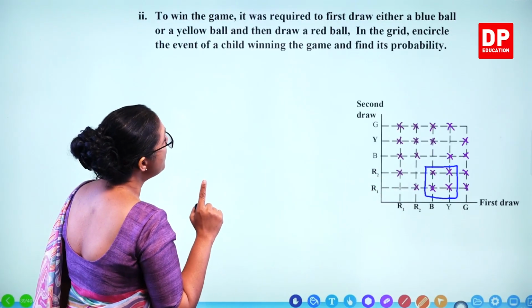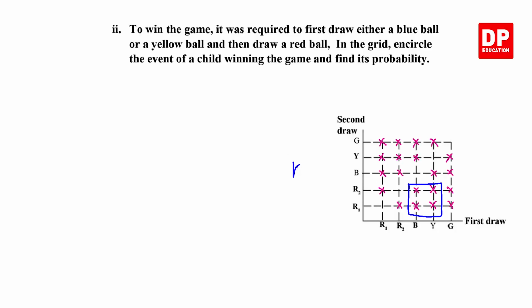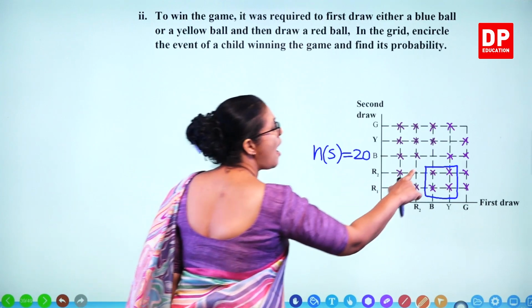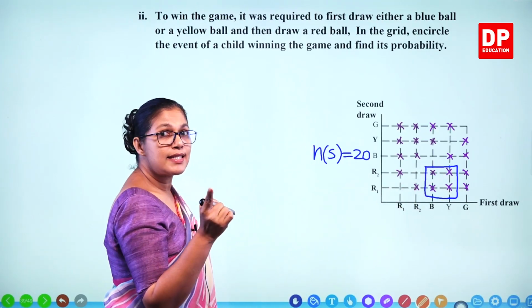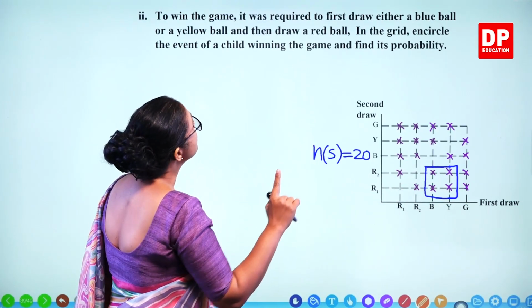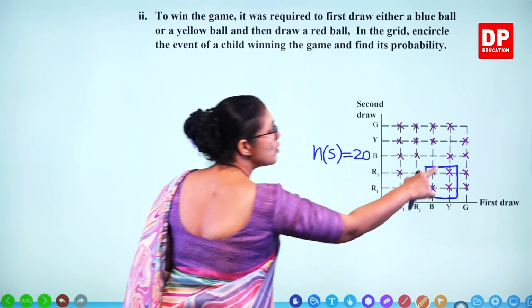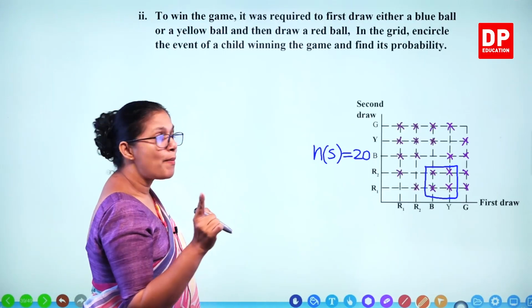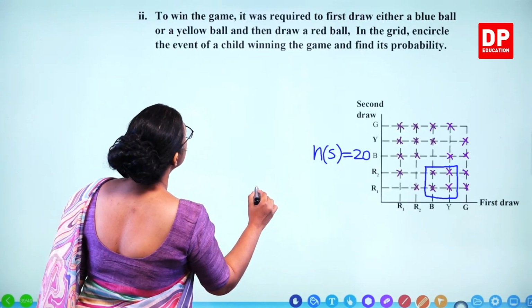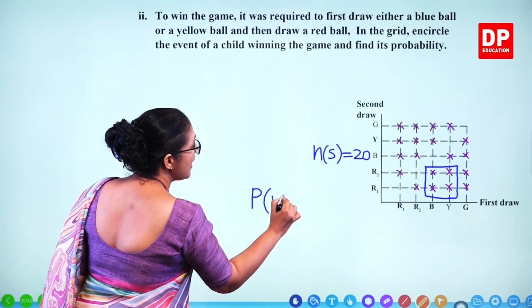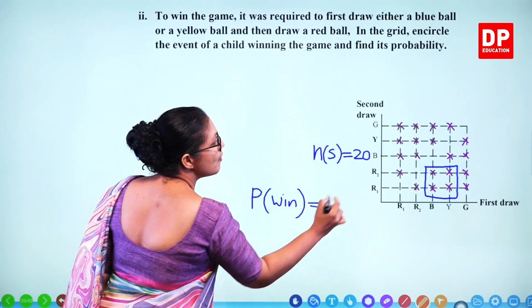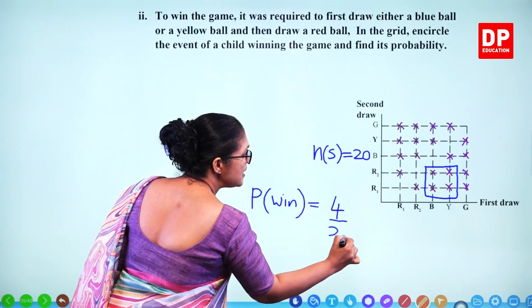So what's the probability? We know the total is 20, and how many outcomes can you get to win the prize? Here 4 outcomes are there. So the probability to win the game, 4 outcomes out of 20.